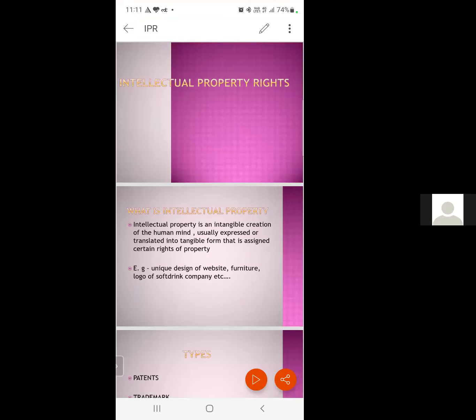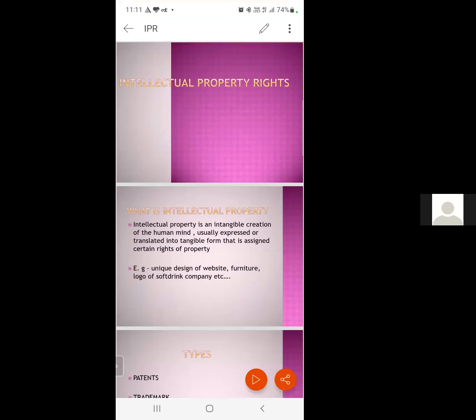So we'll start with today's session about intellectual property rights. I guess we all are aware of what intellectual property rights are and what it means in a general sense, but not legally or technically.